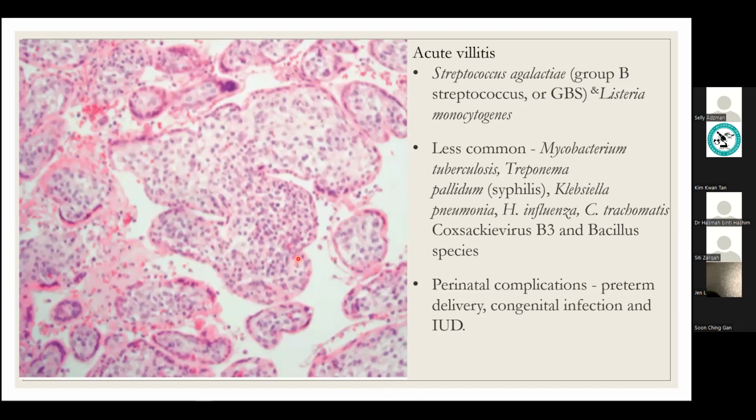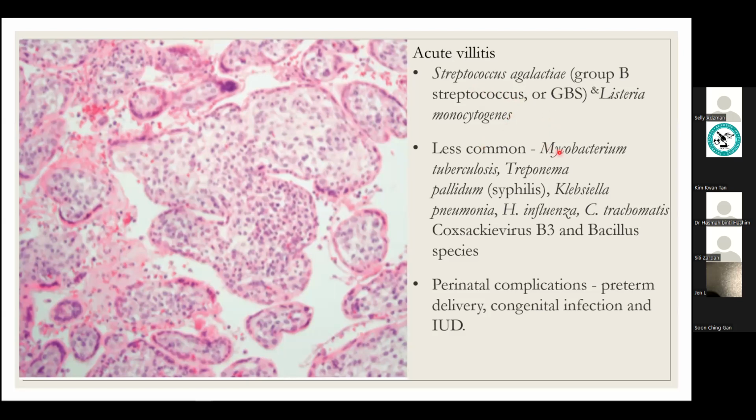Acute villitis, the inflammatory cells involved are primarily neutrophils. The organisms associated with acute villitis would be Streptococcus agalactiae, which is group B strep, GBS, and Listeria monocytogenes.